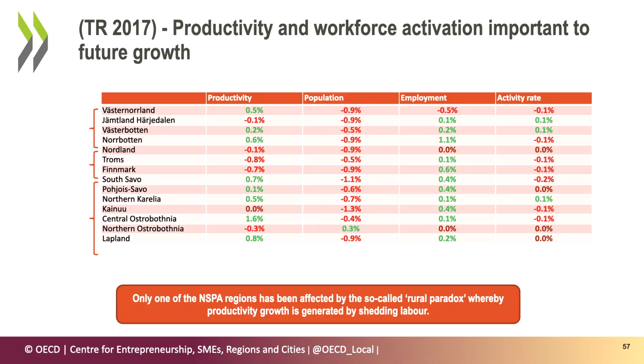And then we looked at a decomposition exercise that is looking at the drivers of GDP per capita. And we found something quite interesting too. We found that in terms of population, all the regions are losing population, they're aging. This is a phenomenon that is affecting all OECD countries and regions, even many cities. So it's nothing very specific to the regions. But often what we see is that productivity gains tend to be mixed.